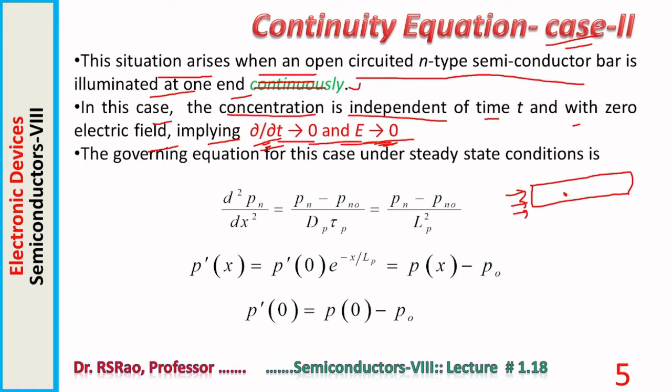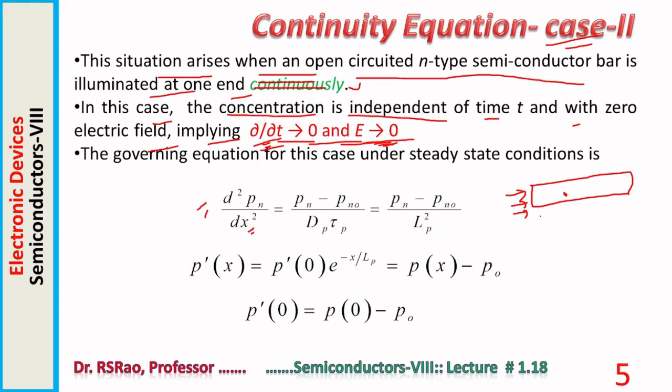Inserting these two conditions into the continuity equation, we get a differential equation: d²pn/dx² = (pn - pn0)/(Dp τp) = (pn - pn0)/Lp². What is x here?